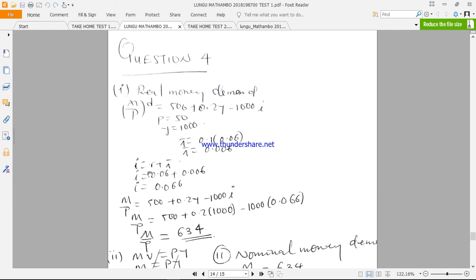So what I'm saying is, first of all, we have this equation for the real money demand function. Yes, we have output as 1,000. But what we don't have is the nominal rate of interest, which we've used this method to get as 0.066, which we're going to plug in there where there's I. All right.